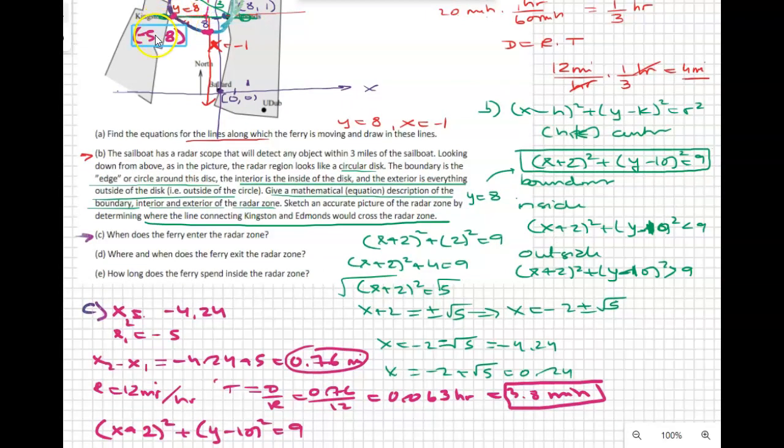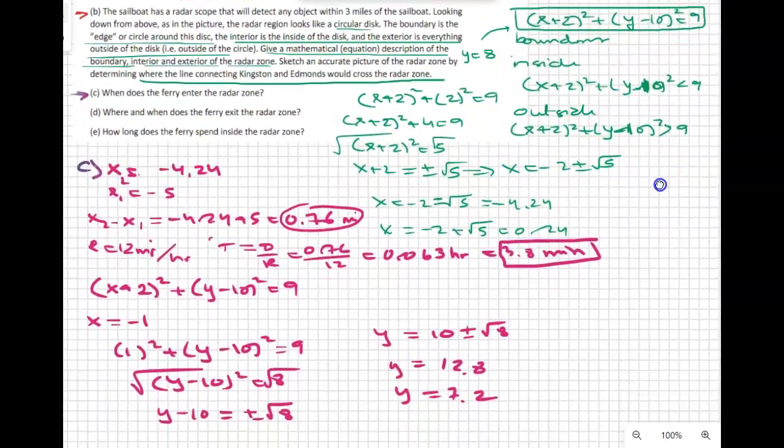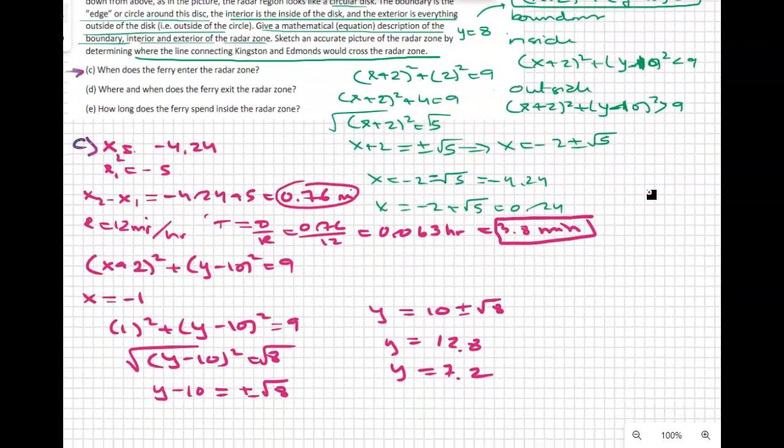The ferry covered the 4 miles from the beginning before it turned south, and then it covered the vertical distance. The horizontal distance was 4 miles, and the vertical distance is 8 minus 7.2, which is 0.8 miles.